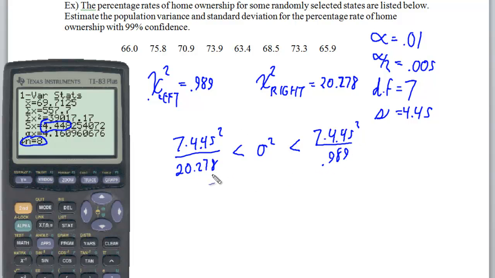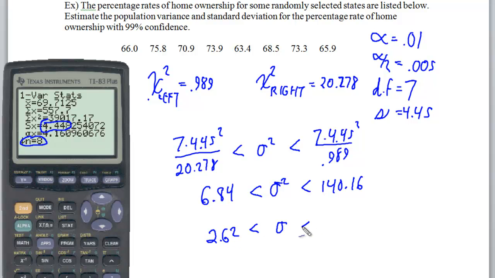Now, by crunching all these numbers, we're going to find out our variance is between 6.84 and 140.16. Now, taking the square root of everything, we get our standard deviation is between 2.62 and 11.84.